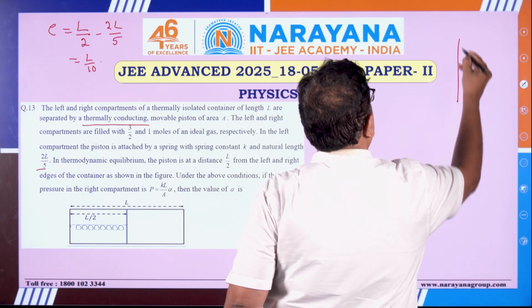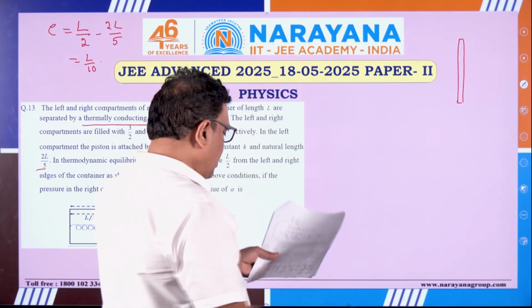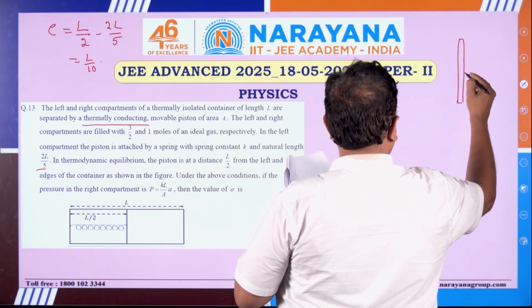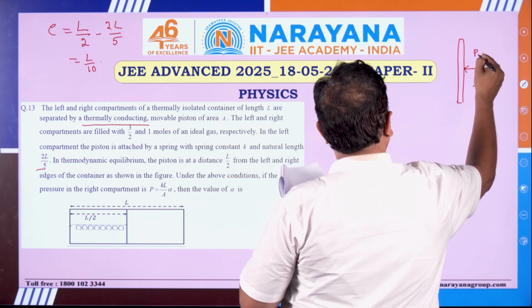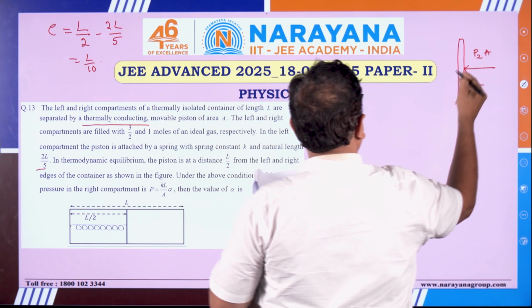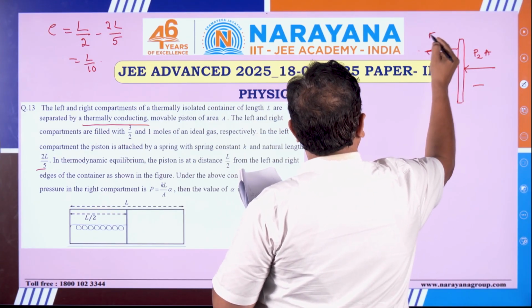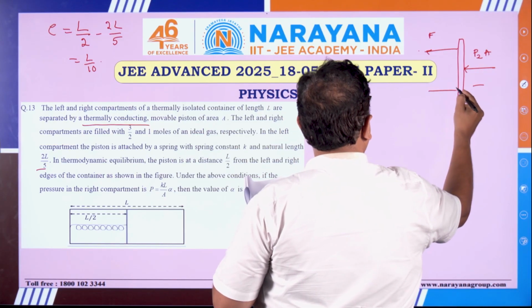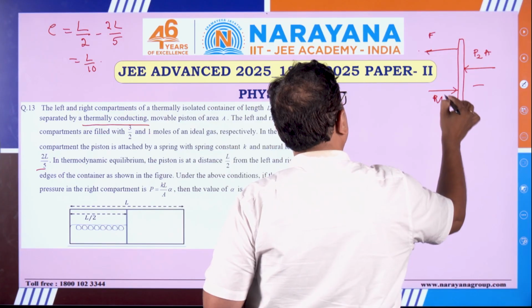like this, from the right side, you have P2A force. Spring also pulls this with F force, and the left side gas will exert a force P1A.